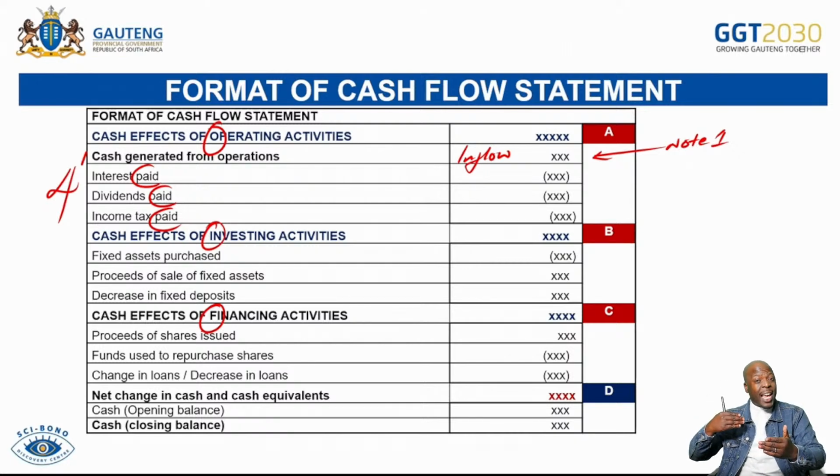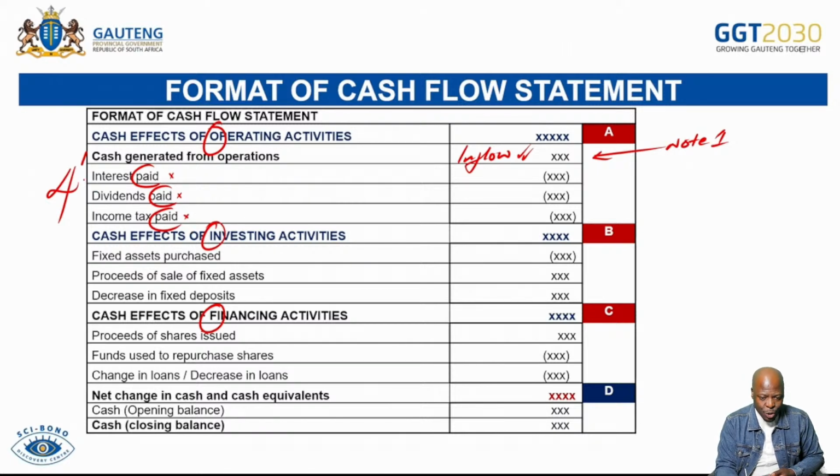Remember, we're talking about cash flow, the movement of cash. Cash flowing into the company and cash flowing out of the company. So you can see here, I've already indicated this one is a cash inflow. But the moment I see the word paid, that means cash is flowing out. That's a cash outflow in that particular case.